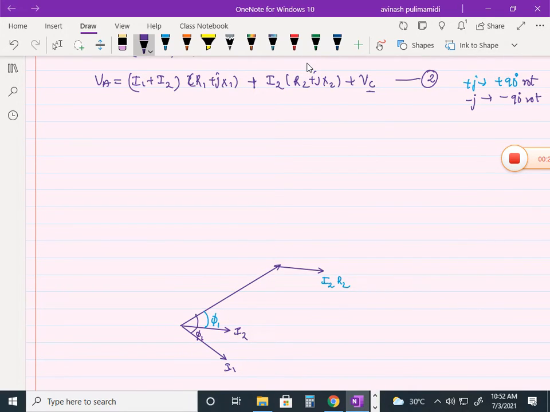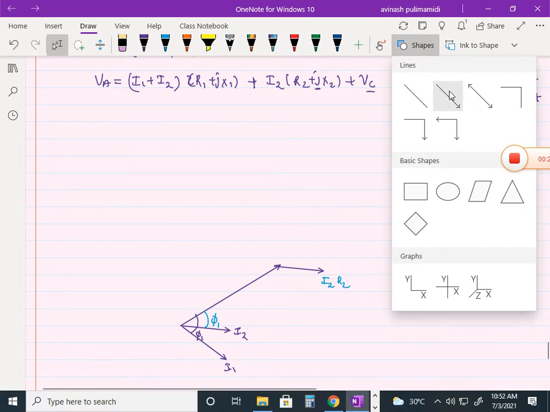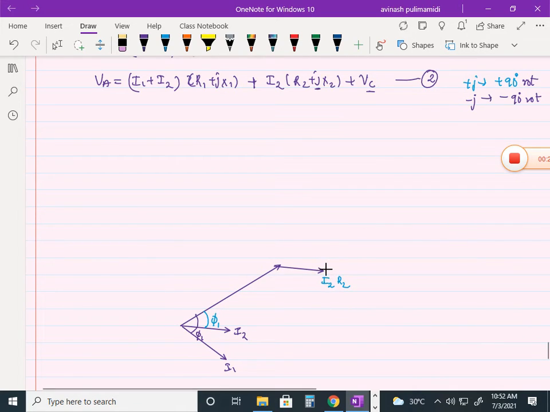Now with this plus J, it is plus 90 degree rotation. So it will be now 90 degrees here.